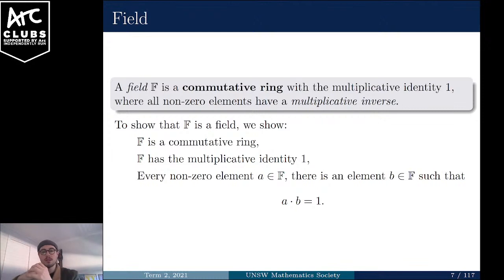So you've built this ring into a field. Sometimes you can call a field a commutative ring with identity with the existence of a multiplicative inverse, which is a very long, convoluted sentence, so sometimes we just call it a field. In order to show that something is a field, we show that it's a commutative ring.